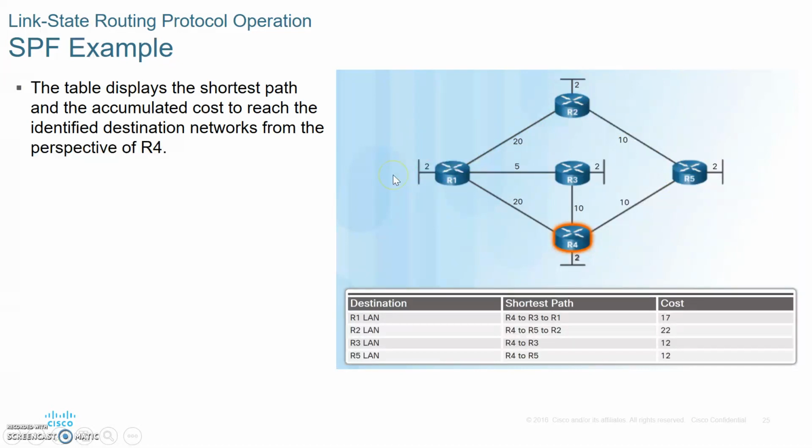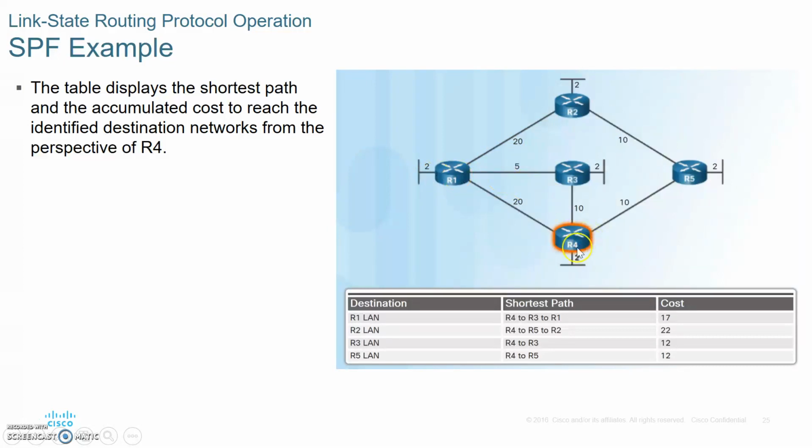So which one is the shortest path? By going this way, the accumulated cost is 22. By going the second way, the accumulated cost is 17, 10 plus 5 plus 2. By going the other way via R5 will be 10 plus 10, 20 plus 20 will be 40 plus another 2 will be 42.